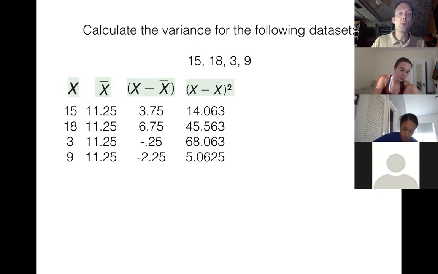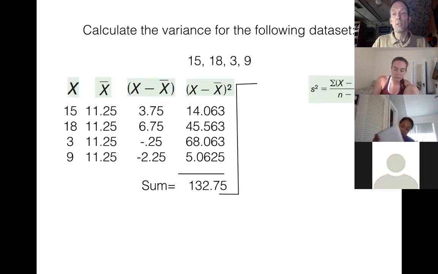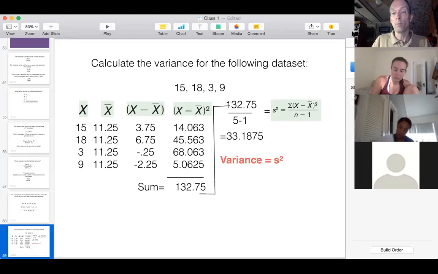And then what do I have to do with that last column? Get the sum. Yeah, I have to get the sum. My sum, which I did with all the decimals, is 132.75. Now, when I bring it up and start to do the division, I've got to move some dashboard items out of the way.